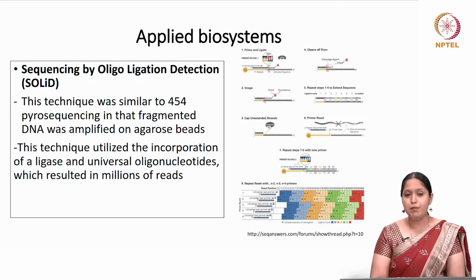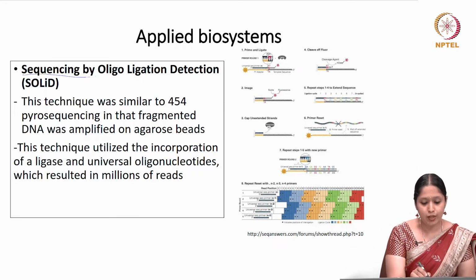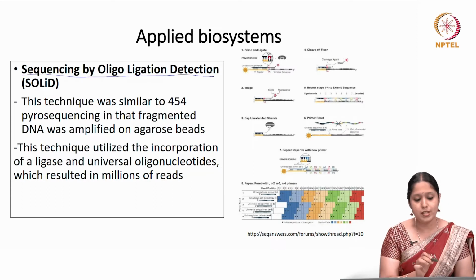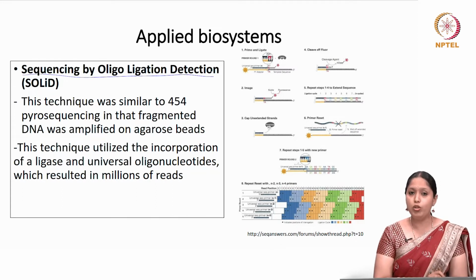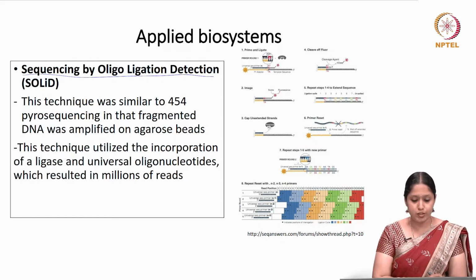Next comes Applied Biosystems, which is of two types. The first one is SOLiD, which means sequencing by oligo ligation detection. This technique is similar to 454 pyrosequencing, which we saw just now.